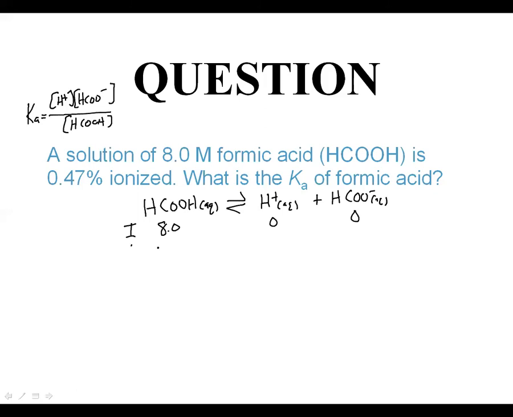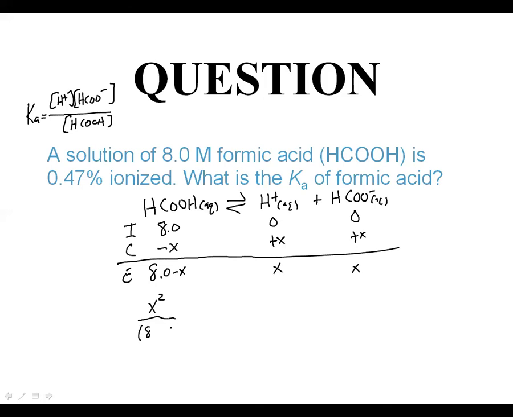Change is going to be minus x, plus x, plus x, which means when we reach equilibrium, 8 minus x, x, and x. Normally we would take this and put it into our equilibrium expression. The problem is we don't have that number, right? That is what we are trying to find here. So we need a way to figure out what x is.